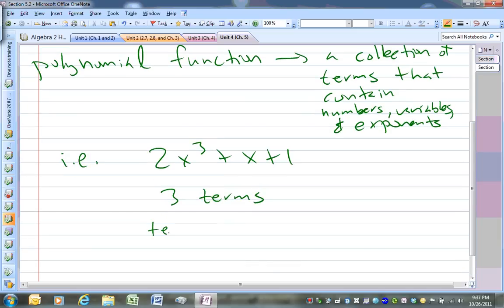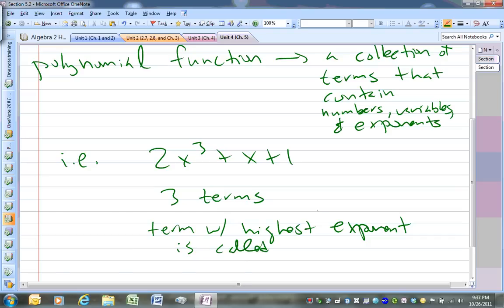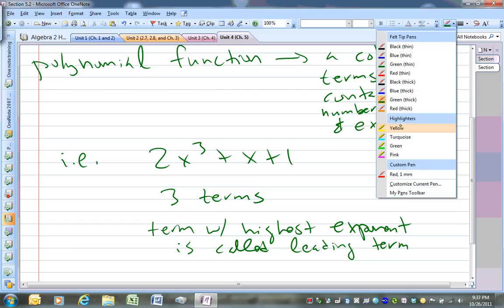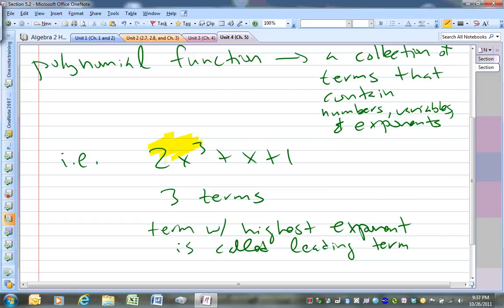The term with highest exponent is called the leading term. So the leading term here is that 2x cubed.